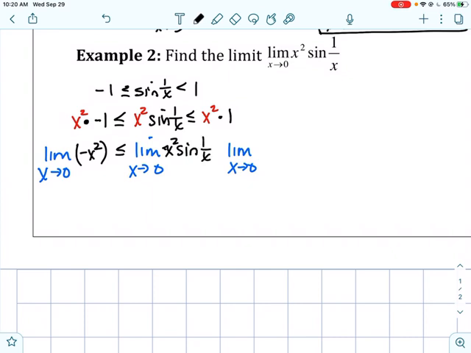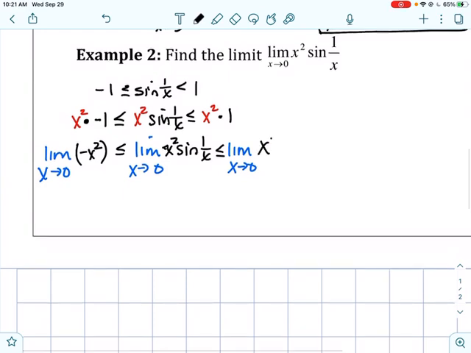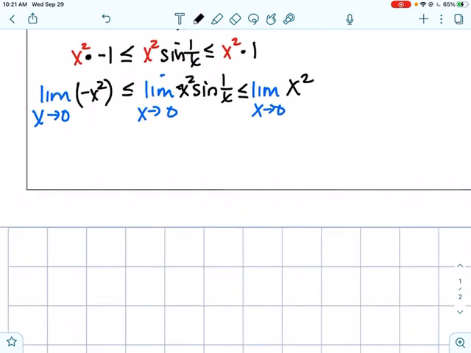That's the limit we want to find. And then that is less than or equal to the limit as x approaches 0 of just x squared. Now when we do direct substitution, we get negative 0 squared, which is 0. So we get 0 is less than or equal to the limit as x approaches 0 of x squared sine of 1 over x, which is less than or equal to 0.